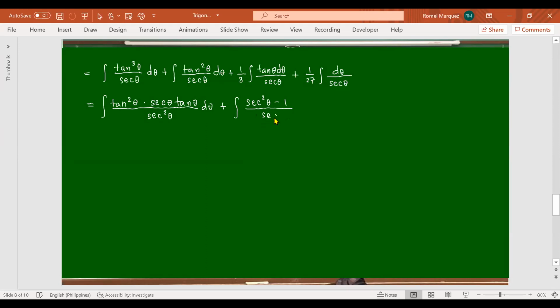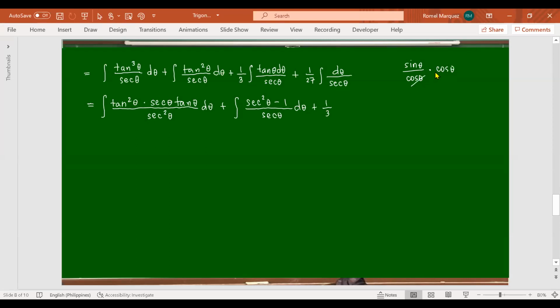All over secant theta, we can divide that term by term. Then plus 1/3. What about this, guys? What is tangent theta? Tangent theta is sine over cosine. Again, sine theta over cosine theta, times 1 over secant, which is cosine.